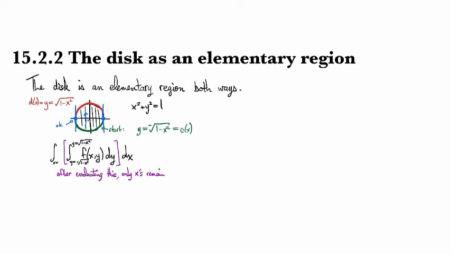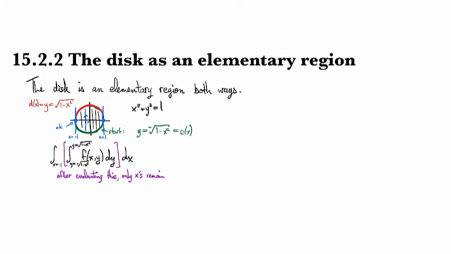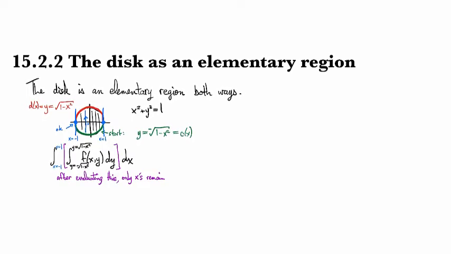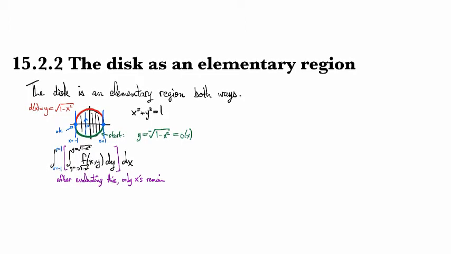But this goes from x equals minus 1 here to x equals 1 over here. So we go from x equals minus 1 to x equals 1. Let me just make that blue so it's all matchy. There we go. Okay, so that is how we would set it up as an elementary region, the first type, or that type, whatever.